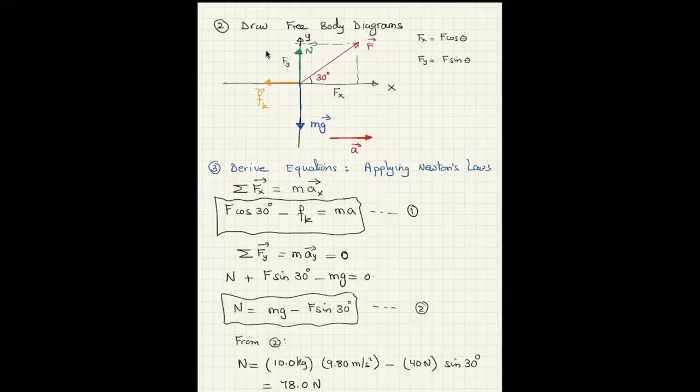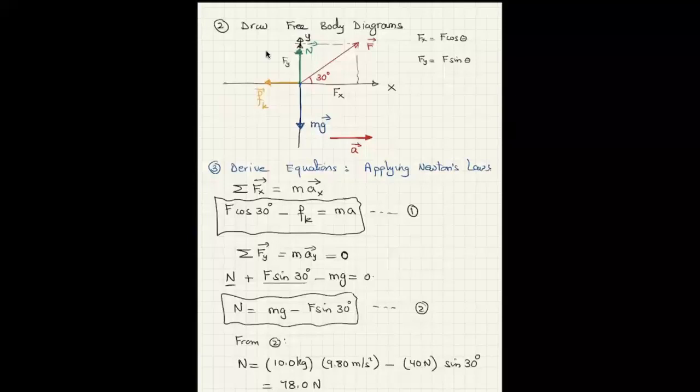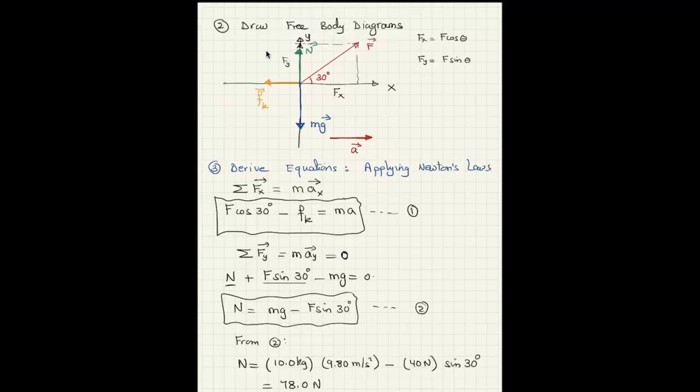Then on the y-axis, actually you have two forces. The normal, like the positive one, you have the normal plus Fy, normal plus F sine theta, and you have mg downward. And this is the reason why I have N plus F sine 30. These are both on the positive y, minus the one that is on the negative y. Does this answer your question?